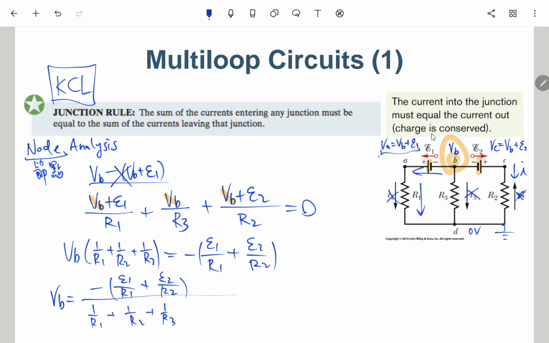Use VB plus E1 for VA, and VB plus E2 for VC. Then we only have a single equation with one unknown, which is easy to solve for VB. Once we solve VB, we can know every current or voltage difference across the circuit. Okay, so this is the first method, using node analysis to solve this circuit. So far any questions?